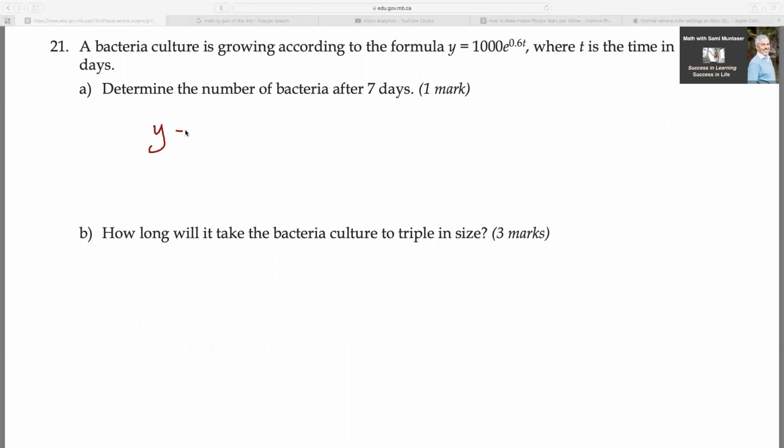So y equals 1000 e to the 0.6 times the time, which is 7 days. And that's just straight plug in. So 1000 times e to the power of 0.6 times 7.